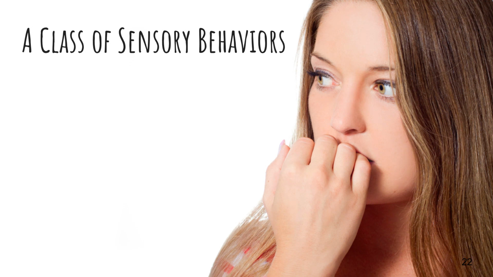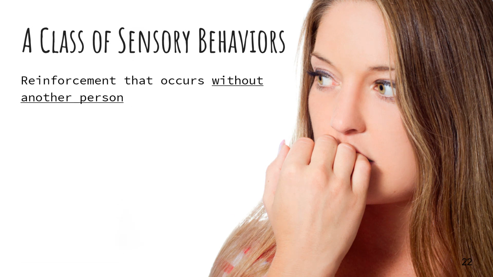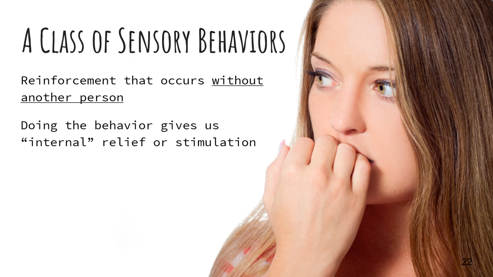Sensory behaviors are called automatic behaviors because it happens within somebody's own body. It doesn't take somebody else engaging in a behavior to get that person what they want. So reinforcement occurs without another person. Doing the behavior gives us some sort of internal relief or stimulation.